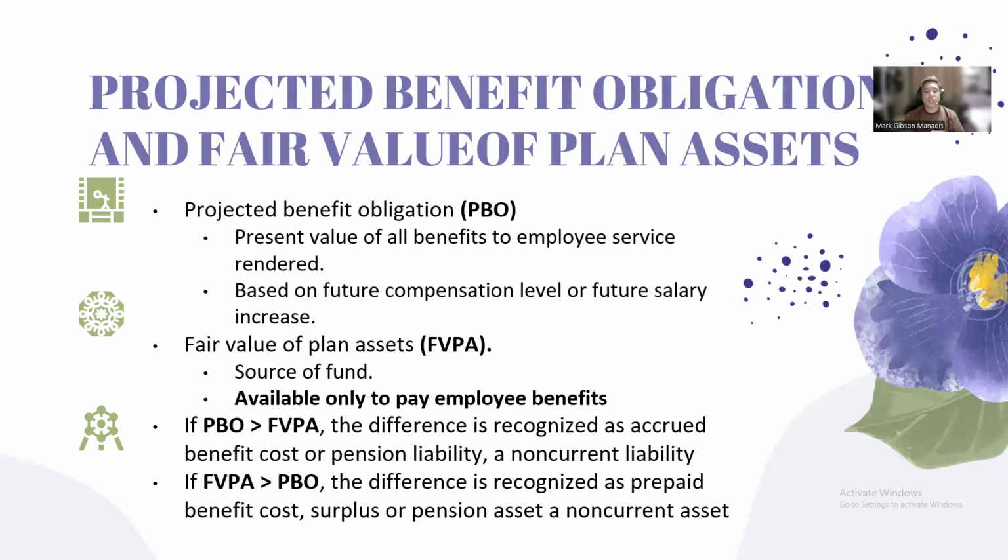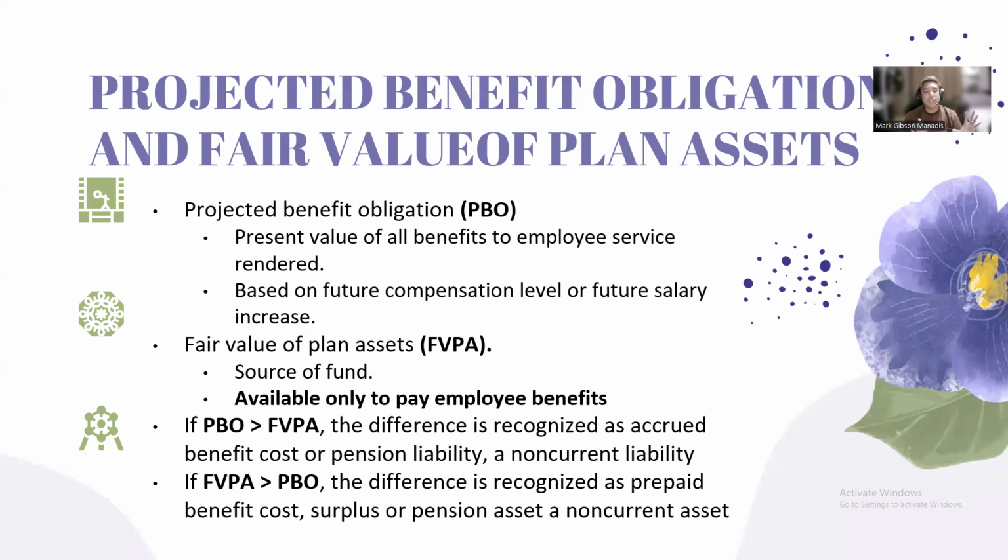Class, don't forget about this. Now, on the other hand, if the fair value of plan assets, or your FVPA, is greater than the projected benefit obligation, the difference is recognized as prepaid benefit cost, surplus, or pension asset. And again, this is now categorized as non-current asset.